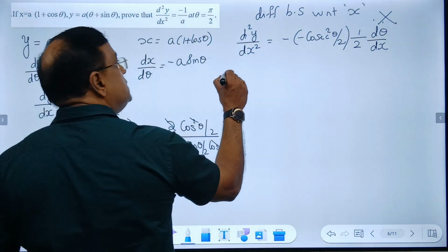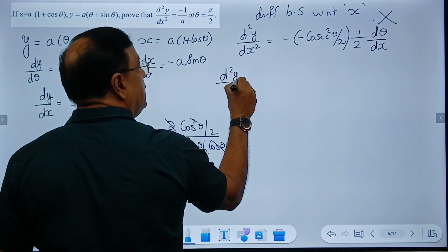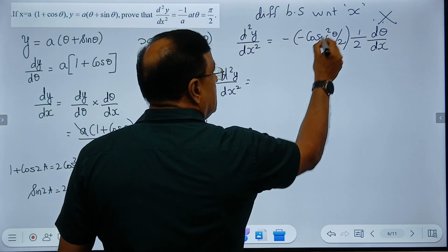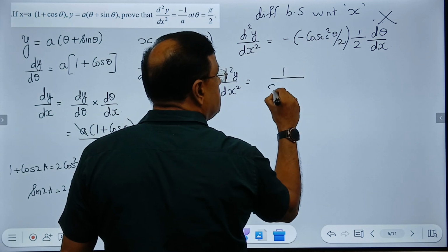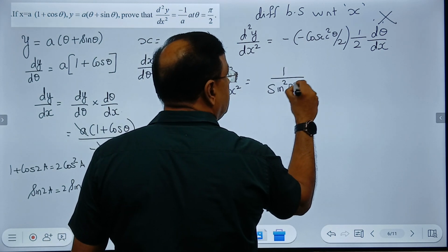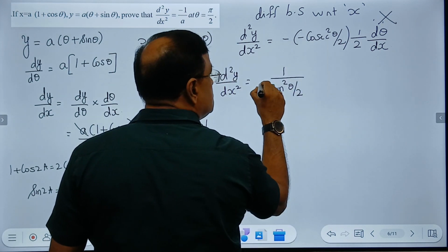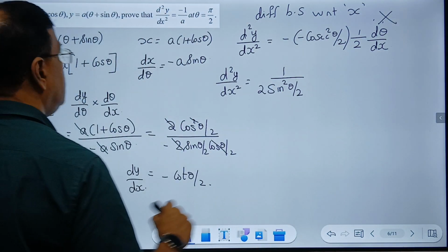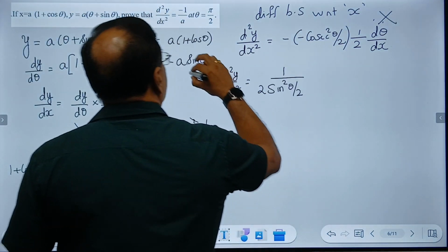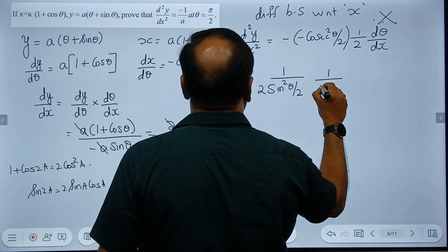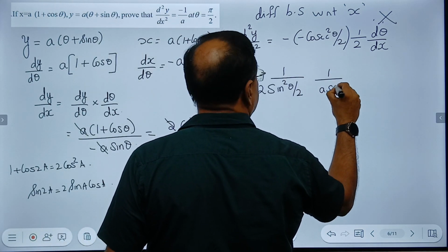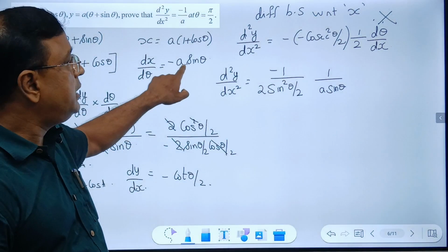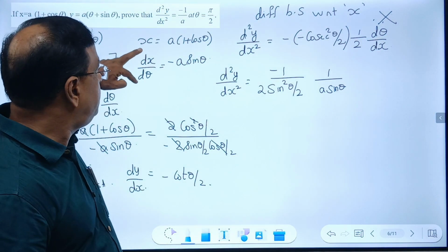Okay. So d square y by dx square will be minus into minus is plus, and I write cosecant as 1 by sine square theta by 2, and I write this 2 in front. And what is d theta by dx? d theta by dx is minus 1 by a sine theta, the reciprocal of dx by d theta.